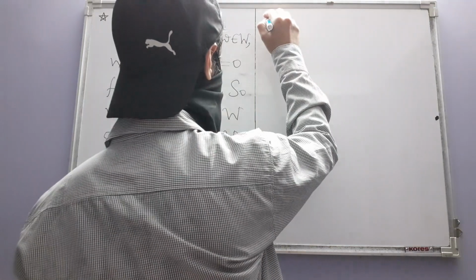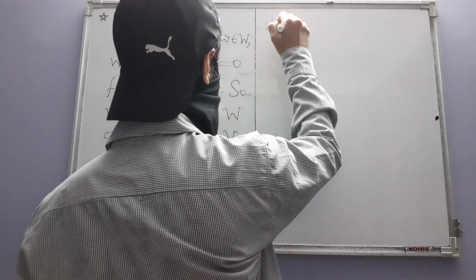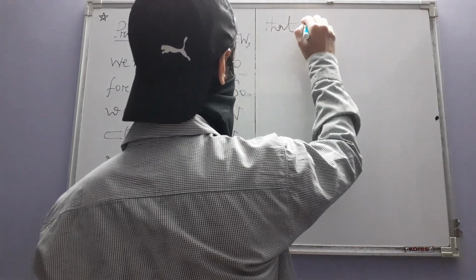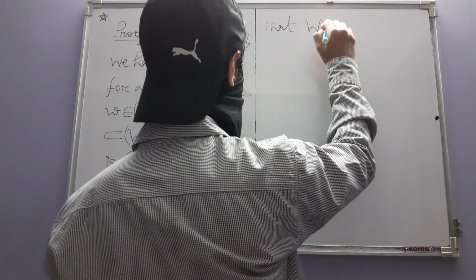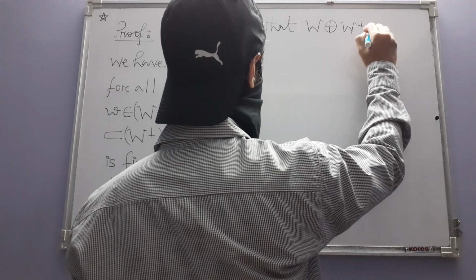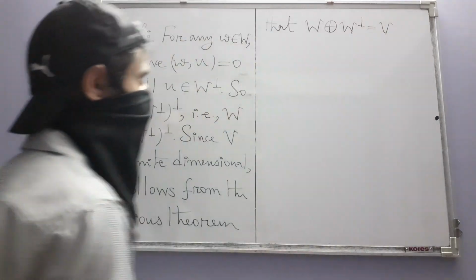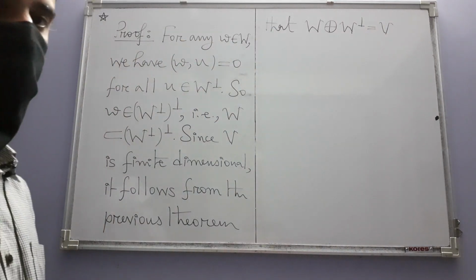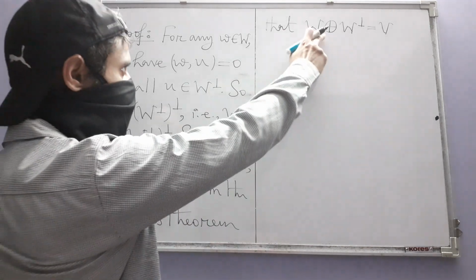that W plus W orthogonal is equal to V. In order to indicate that this sum is a direct sum, we are using this symbol.